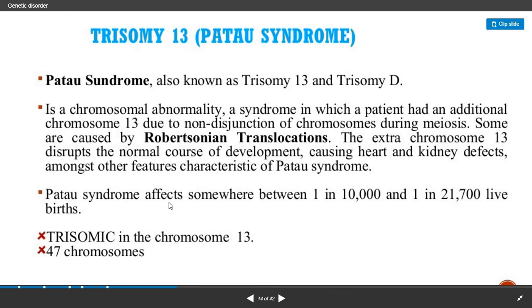The frequency of Patau syndrome is 1 in 10,000, and also 1 in 21,700 live births. Remember that trisomy appears on chromosome 13, so the total will be 47 chromosomes instead of 46.